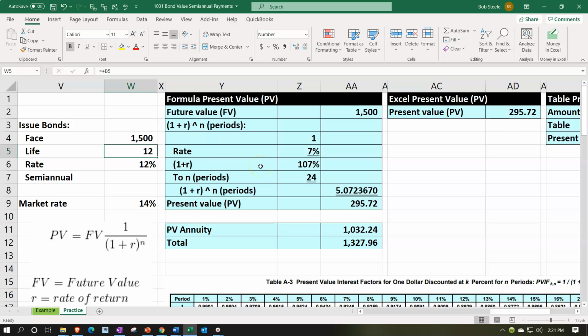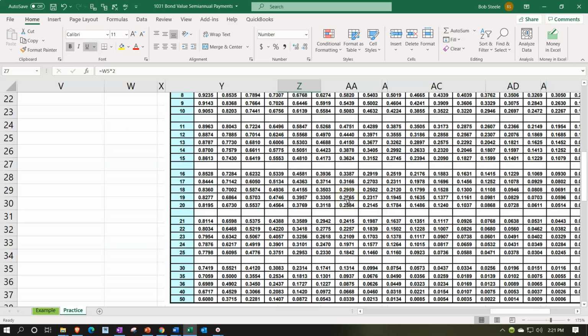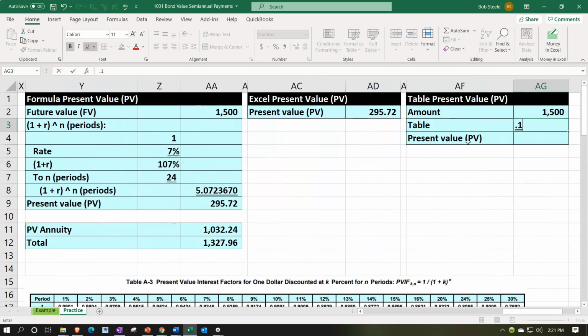So we're looking at 7 and 24 on the table. Here's the 7, 24 is down here: 0.1971. And then multiplying that out, we get 295.65, slightly different than the 295.72 due to rounding. So there we have it.